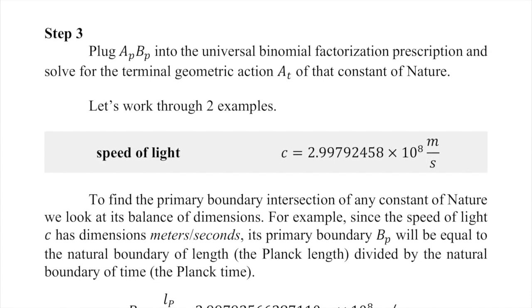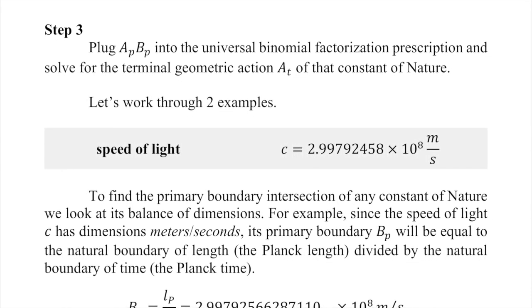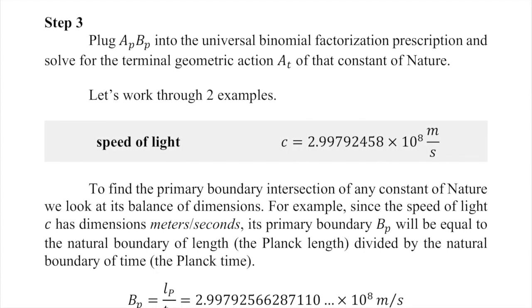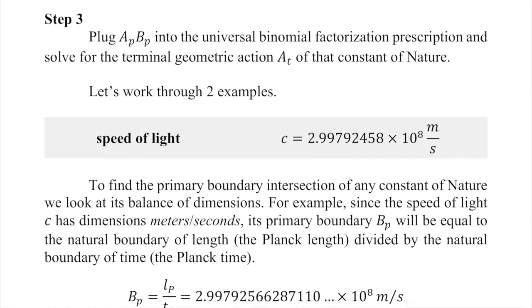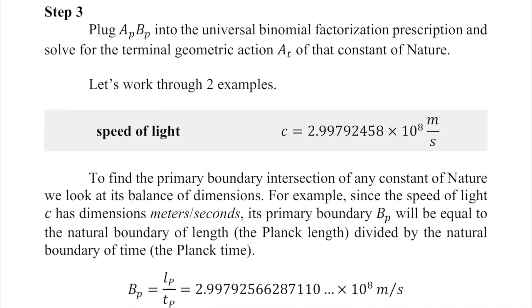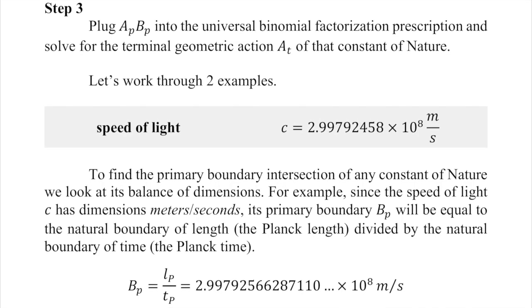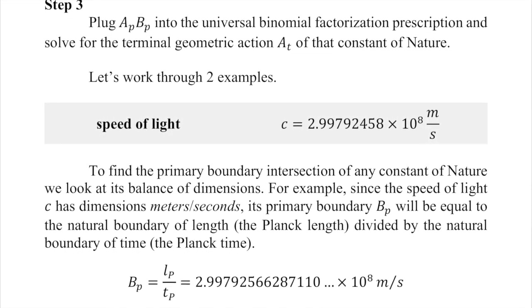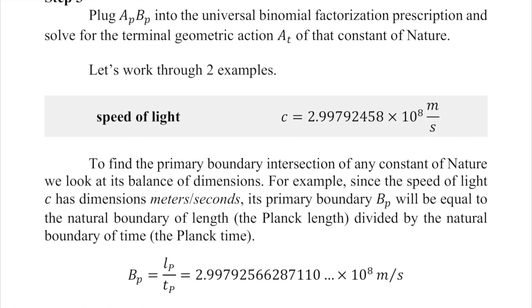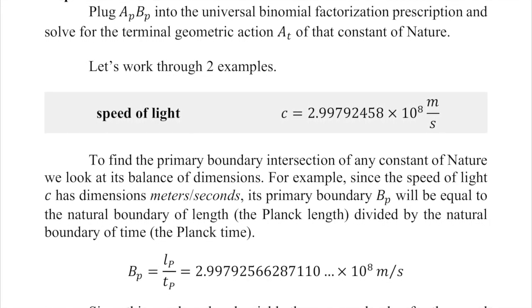Okay, so we have the value for the speed of light, the measured, defined in this case, value of this constant of nature. How do we interpret what it geometrically means? First, we need to find the primary boundary intersection and the primary action, right? So to find the primary boundary intersection of any constant of nature, we look at its balance of dimensions.